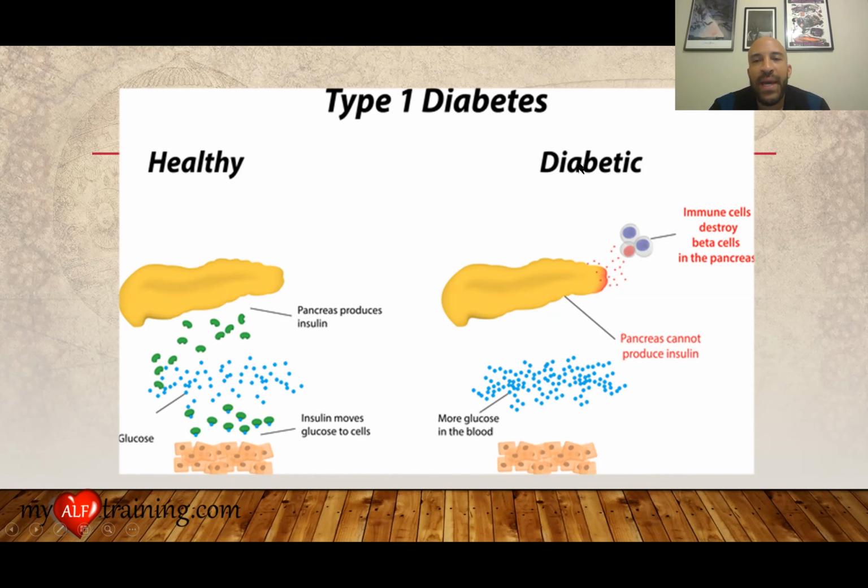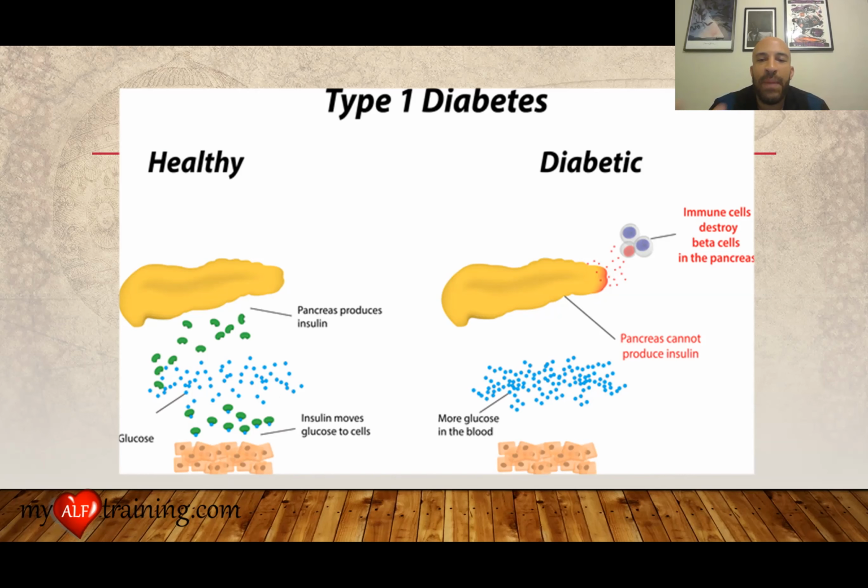Now, in a diabetic patient, you see here, specifically type 1 diabetes, the immune system cells have destroyed a part of the pancreas. And because they have destroyed this part, the pancreas can't effectively create insulin because it uses its whole self to create insulin. But the immune system has destroyed a piece of it. So it's damaged, so the end product is now damaged.